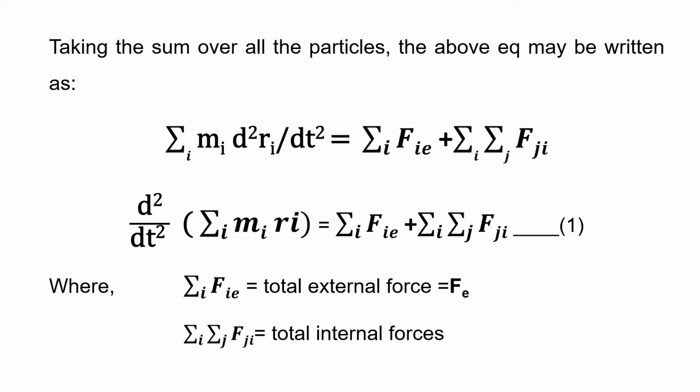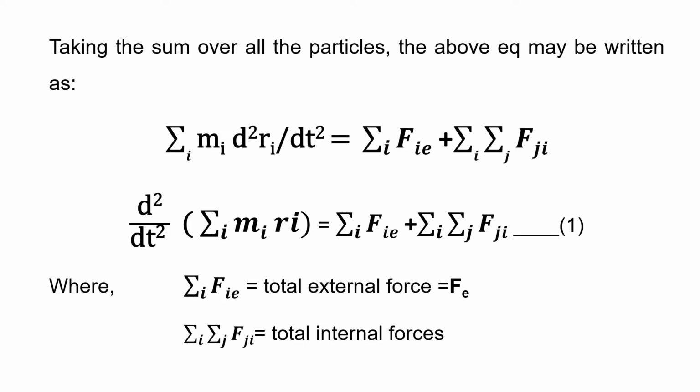After writing the equation, we take the summation on both sides with respect to the ith particle: summation i m_i d²r_i/dt² is equal to summation i F_i plus summation j F_ji. Now taking the differential d²r/dt² common, since m_i is constant, writing it inside the differential or outside makes no difference. So the equation becomes summation i m_i r_i double dot is equal to summation i F_i plus summation j F_ji.